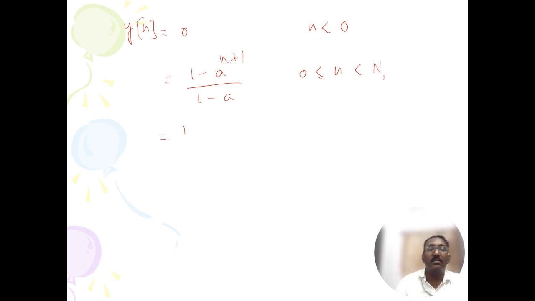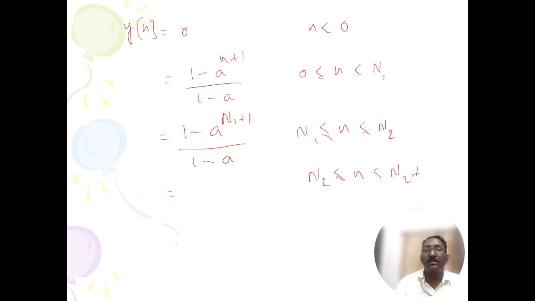This value is 1 minus a power n1 plus 1 by 1 minus a if n1 is less than n less than or equal to n2. If n is in between n2 less than or equal to n less than or equal to n2 plus n1, this value is 1 minus a power n1 plus 1 by 1 minus a plus 1 minus a power n plus 1 by 1 minus a.